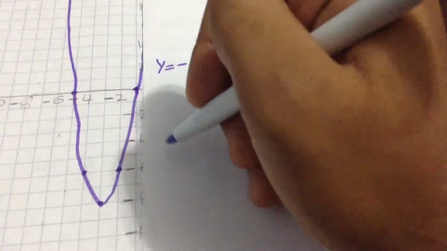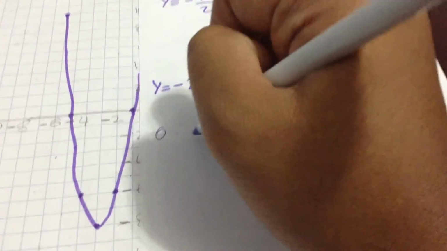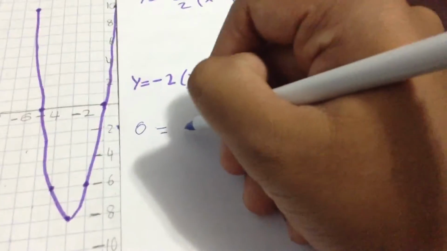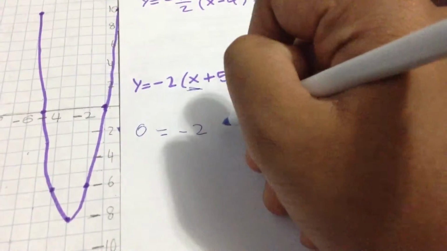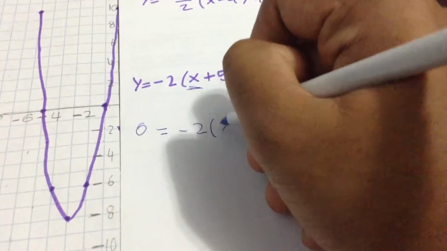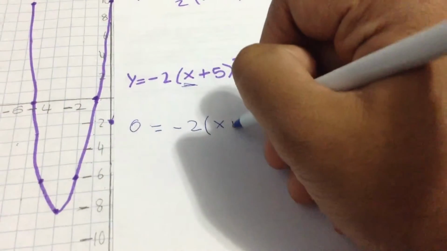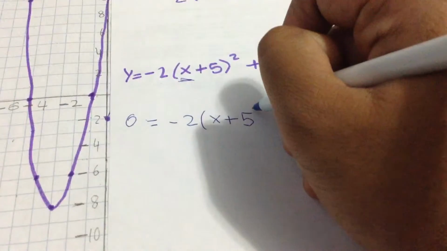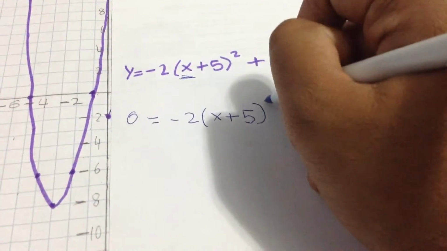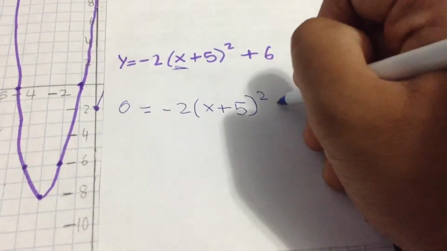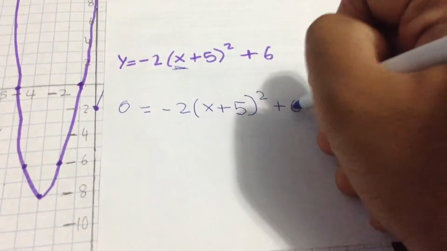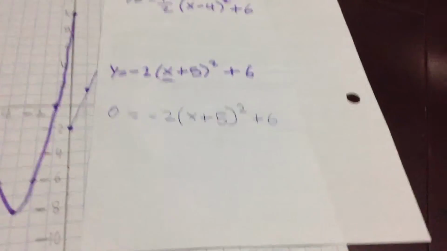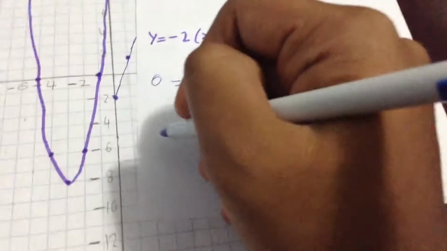So what you need to do is put 0 equals negative 2 bracket x plus 5 bracket 2 plus 6.